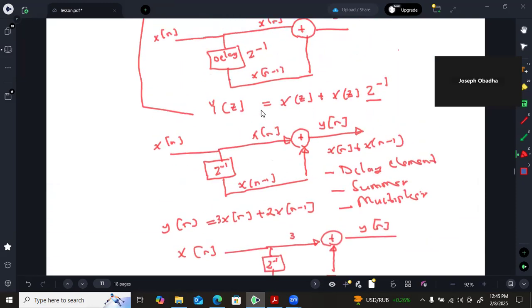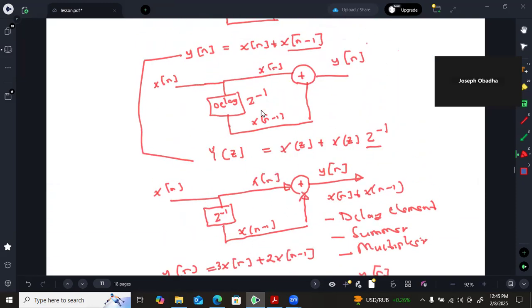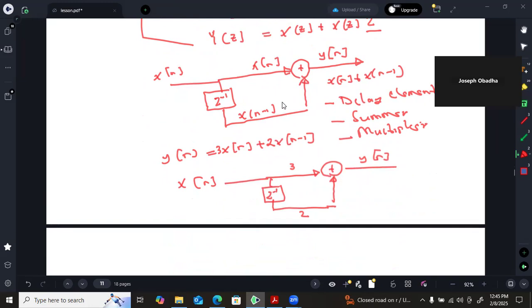And you can already imagine how exactly we can implement this in a computer program, for example, that you only need to have the delays. Once you have the delays, the input comes, there would be a delayed and scaled version of it.